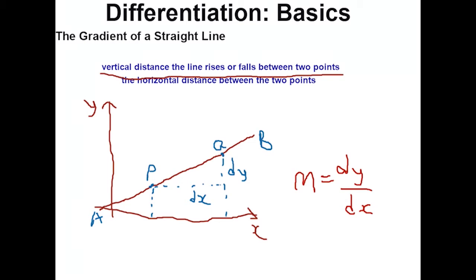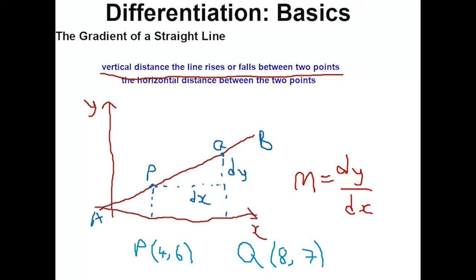Now the gradient of the straight line is actually constant throughout its length. For example, let point P have a value of (4, 6), which implies 4 on the x-axis and 6 on the y-axis. And let point Q have a coordinate of (8, 7).